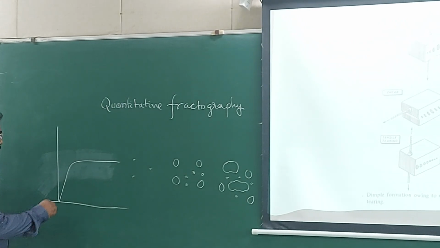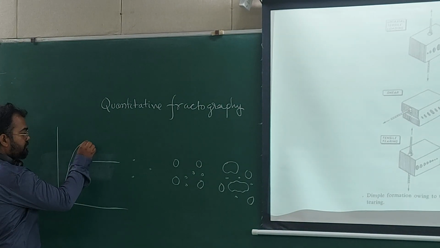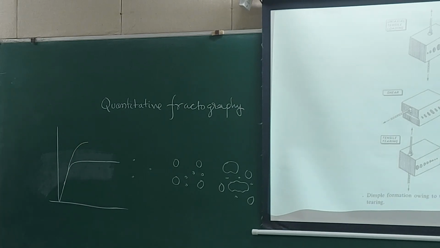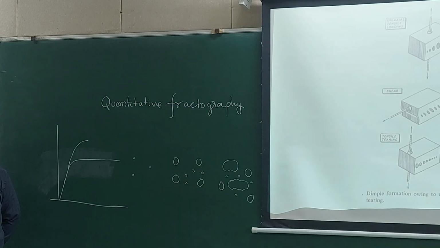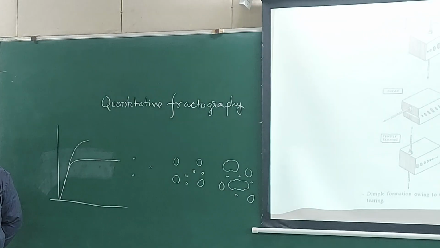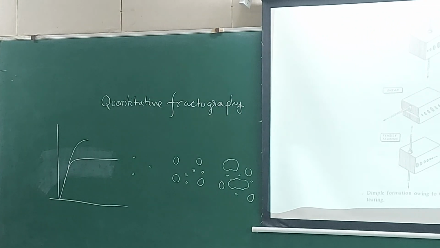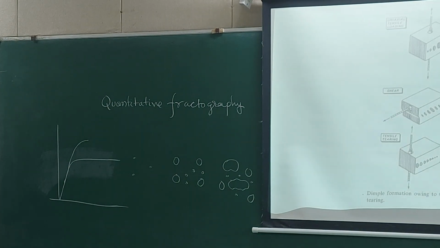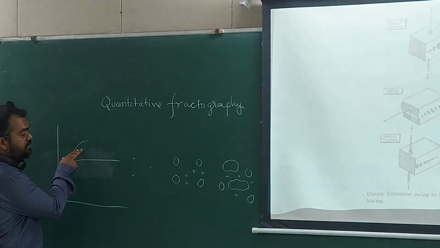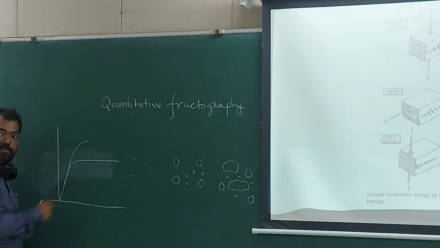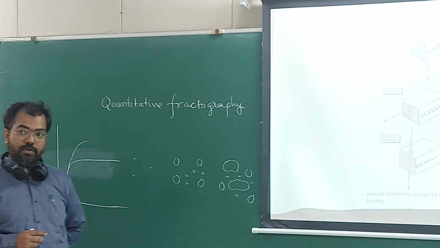But if the material is strain hardening, then you need to increase the stress for every increment in strain, and that will cause more hydrostatic stress, also shear stress. So that will cause more growth in the dimples, in the voids, and they will coalesce, right? And so the average diameter in this case will be smaller than in this case.